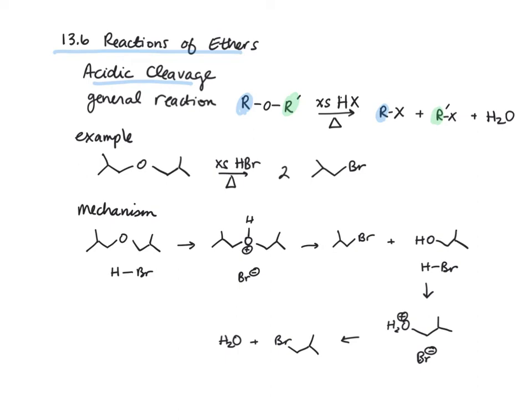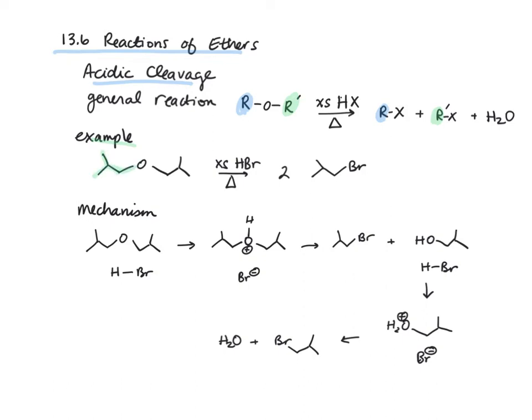Let's look at an example. We take the molecule, this dialkyl substituted ether, and treat it with an excess of hydrobromic acid. Here we get two equivalents of the molecule that's the alkyl halide. And let's trace those carbon atoms.